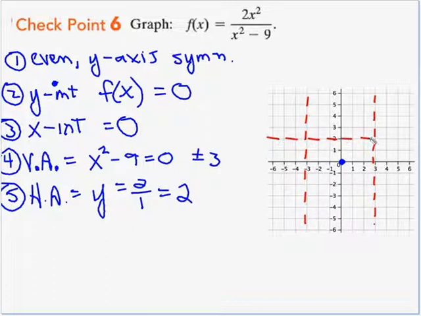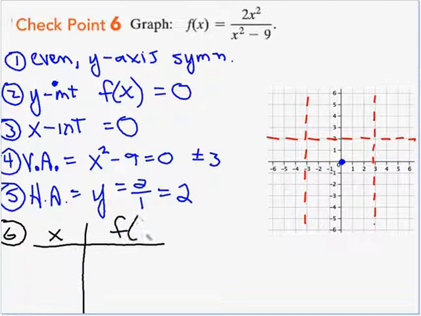Now we just want to find out where the function exists between the asymptotes and the x-intercepts with some extra points. See, we got this point right here at the origin. Let's try 1 and -1 on either side of it. Because of the y-axis symmetry, these will give the same output. Let's just do the positive one.